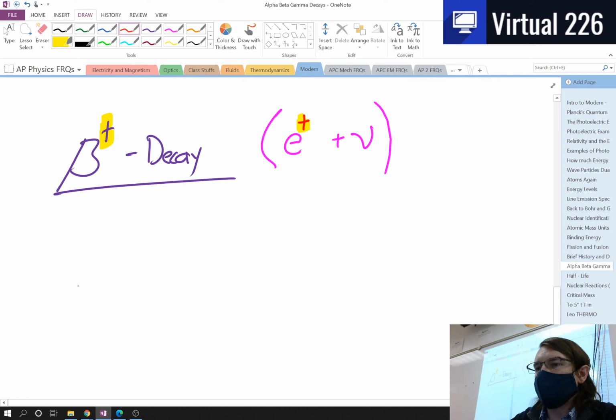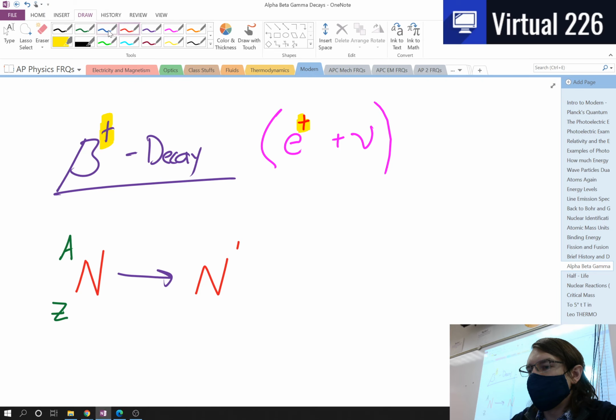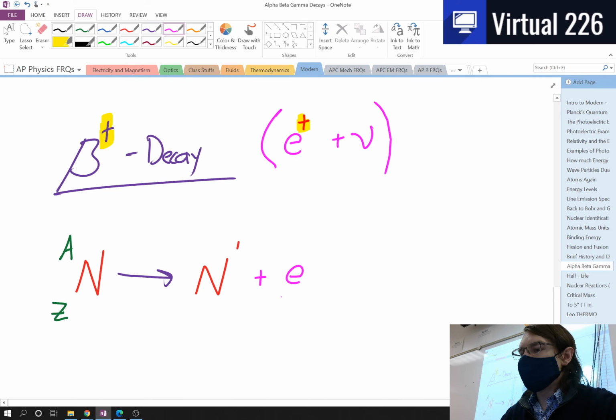As a result, if we have some element of Z and A, you're going to get some new thing, N prime, and then we're going to add to that a positron, which is an electron with a +1 charge to it, still 0 atomic mass, plus a regular old neutrino.